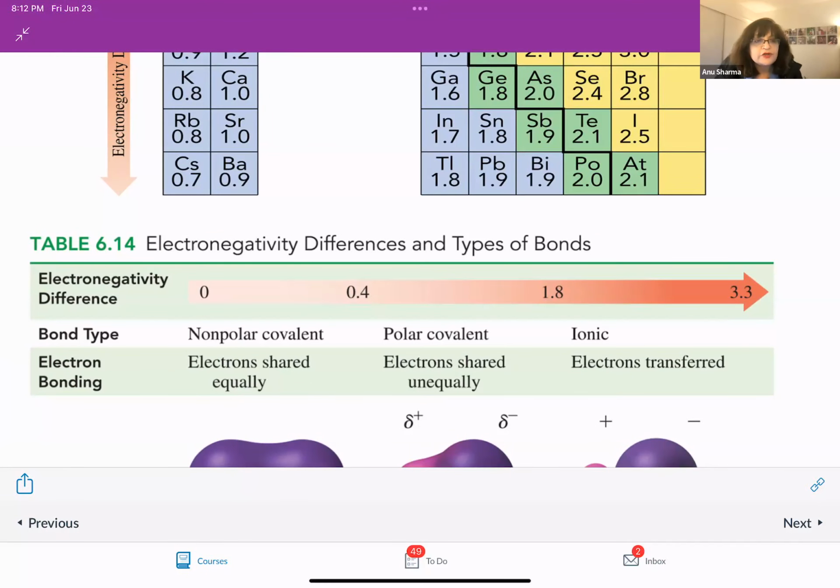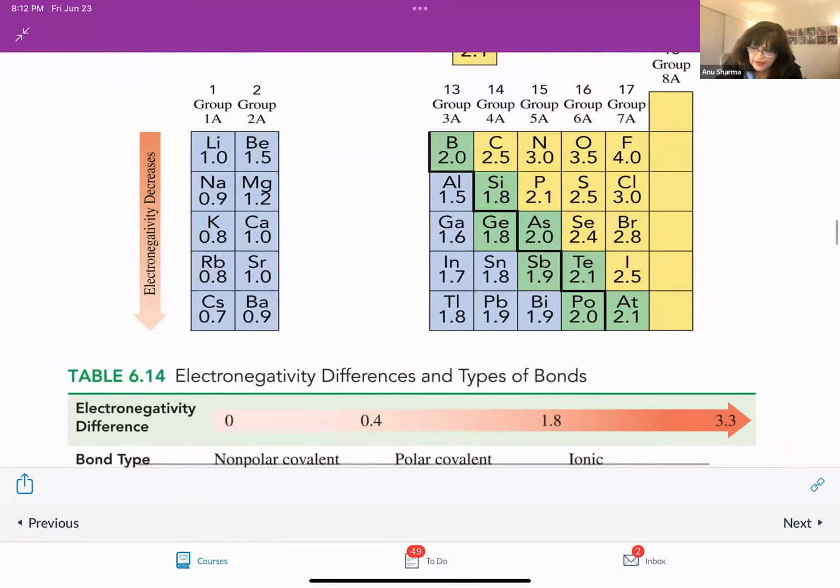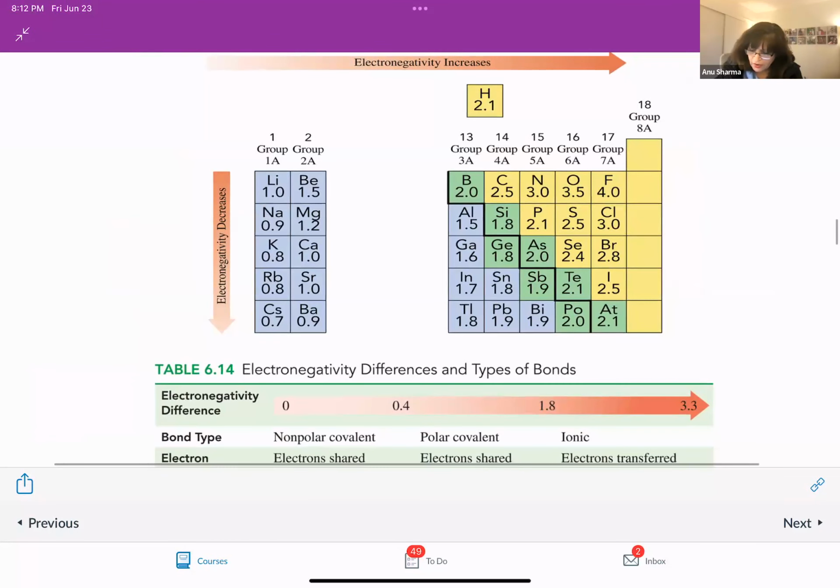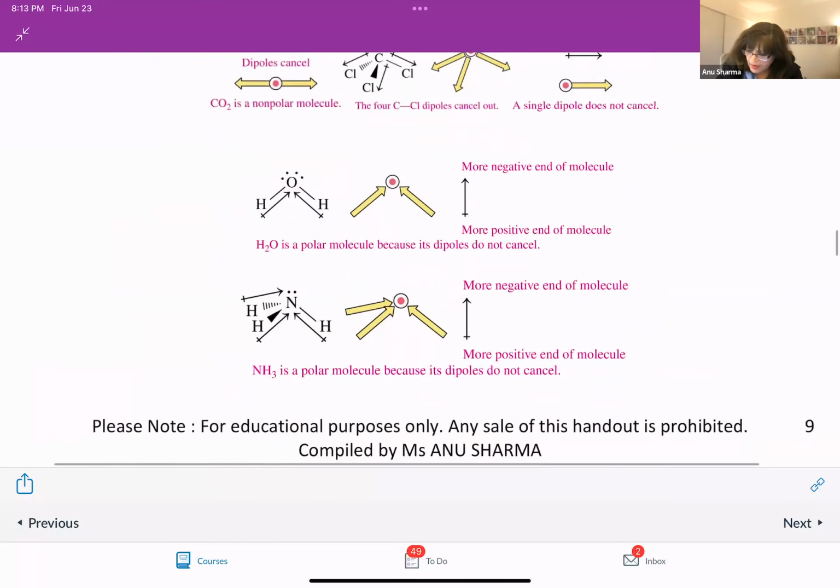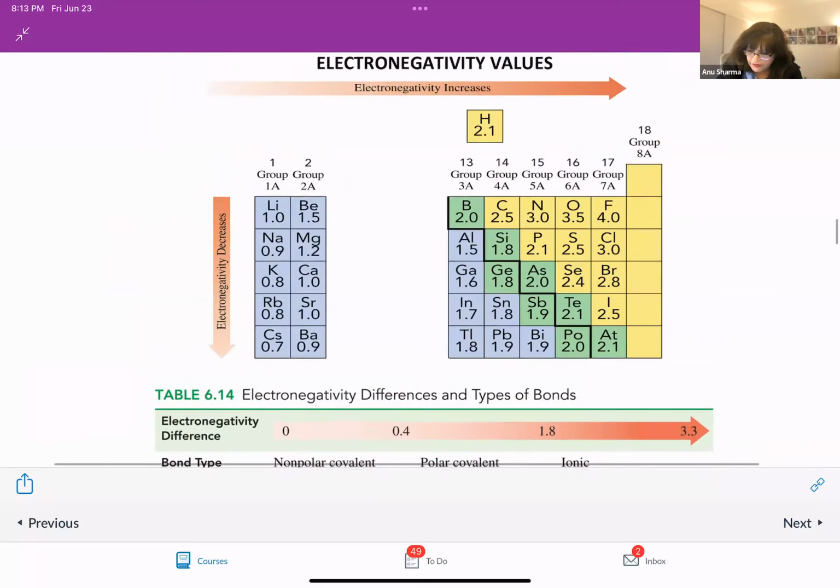When the difference in the electronegativity is from 0 to 0.4, the molecule is nonpolar. When it's from 0.4 to 1.8, it is polar. And when it's more than 1.8, it is ionic. So we are going to look at the electronegativity values on page 9, table 6.14.